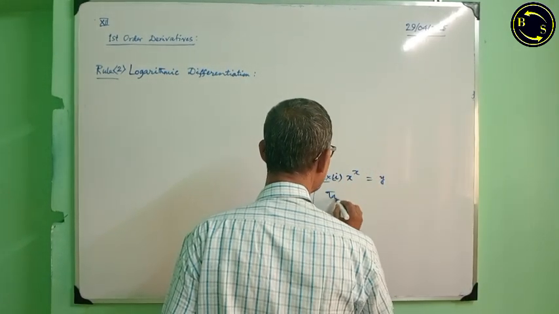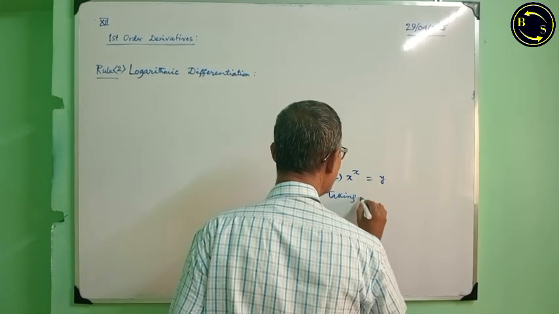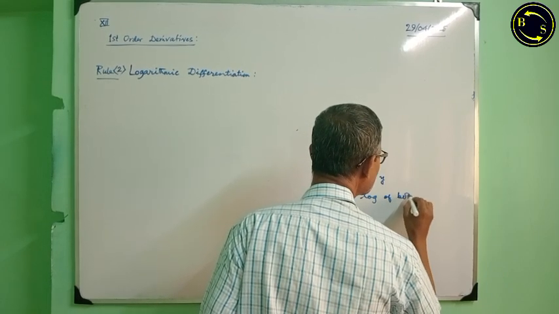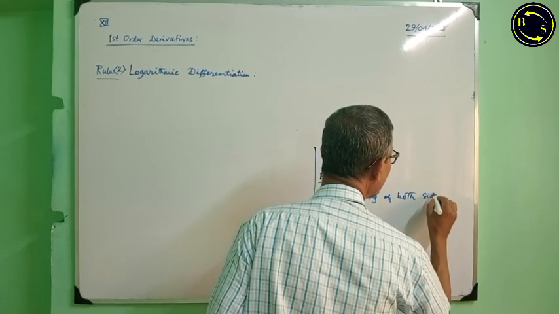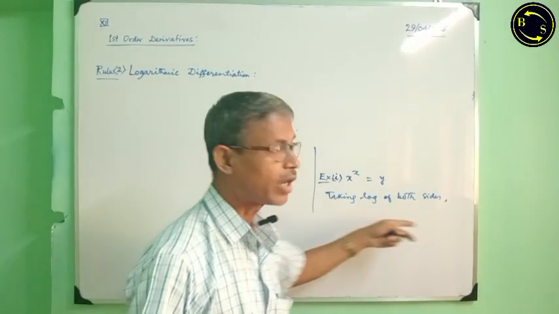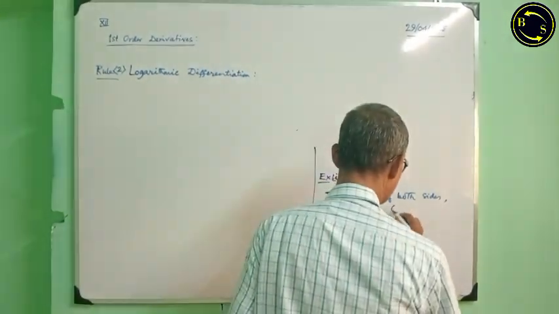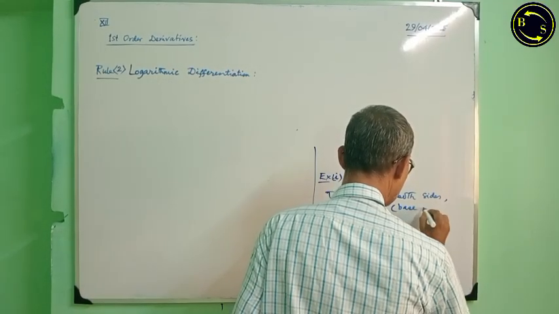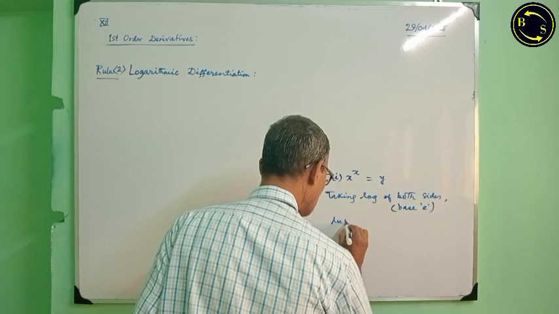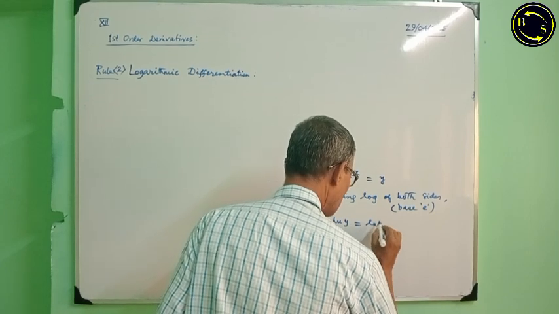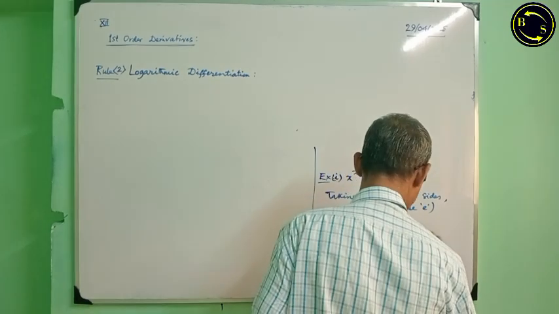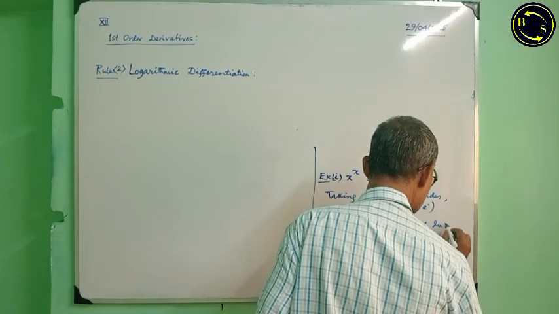Taking log of both sides, I advise my students to write the statement base e. Log y is equal to log x to the power x, that is equal to x log x.